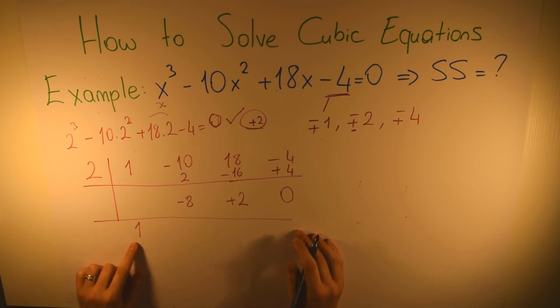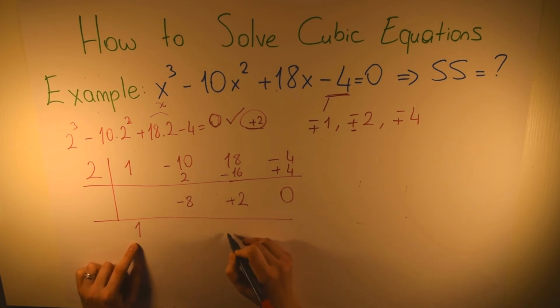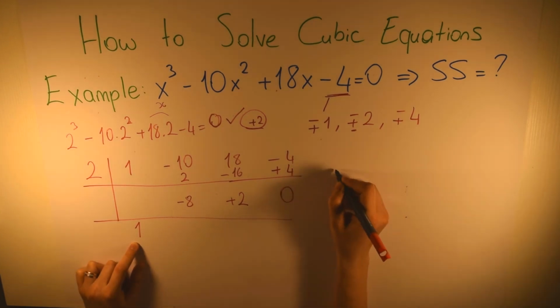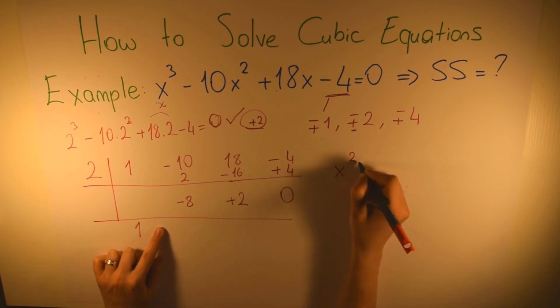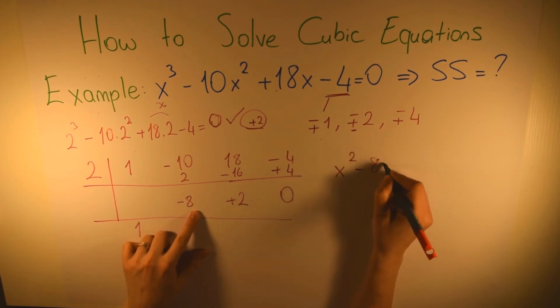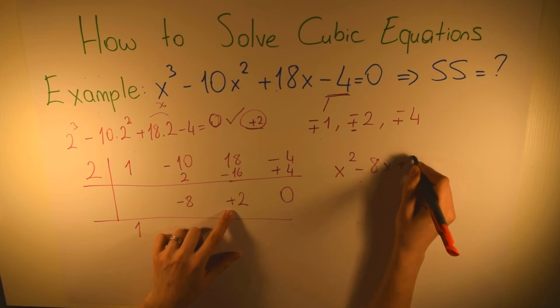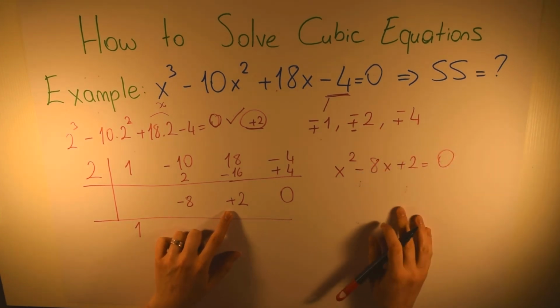After this, we write our new quadratic equation, which is x squared minus 8x plus 2 is equal to 0.